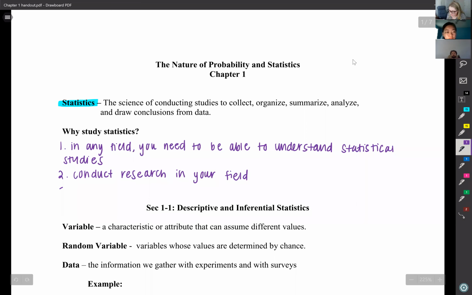And then number 3 isn't really necessarily related to your field, but it's to become a better consumer or citizen. So statistics will help you analyze things as just a consumer.